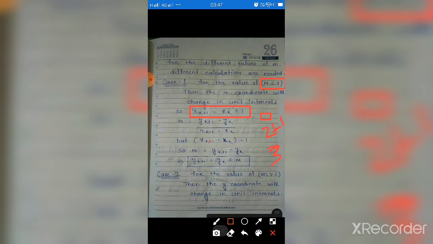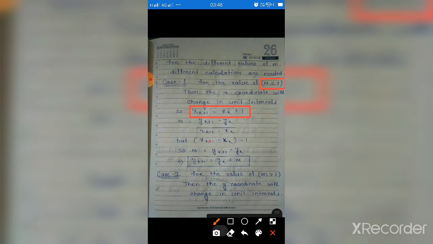We have to use this formula, but xk plus 1 minus xk equals 1. How is this possible? Here, instead of xk plus 1, we have to write xk plus 1 minus xk.